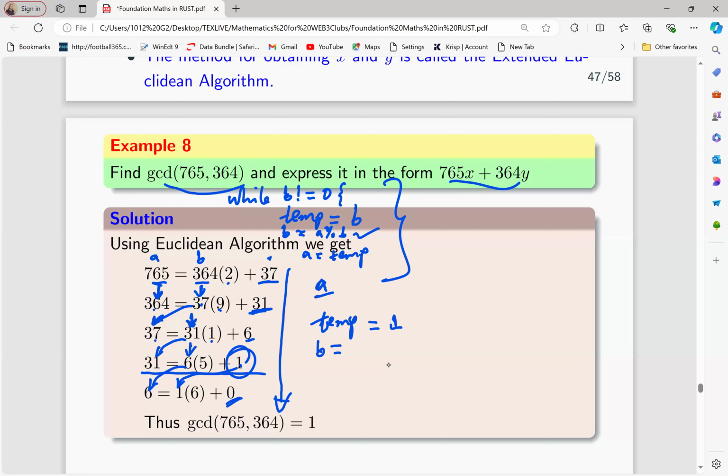I'm just talking about this step. From this step, this is our B. So our B, it's from this step. Our A is 37 on division by 31. That's when you get A.